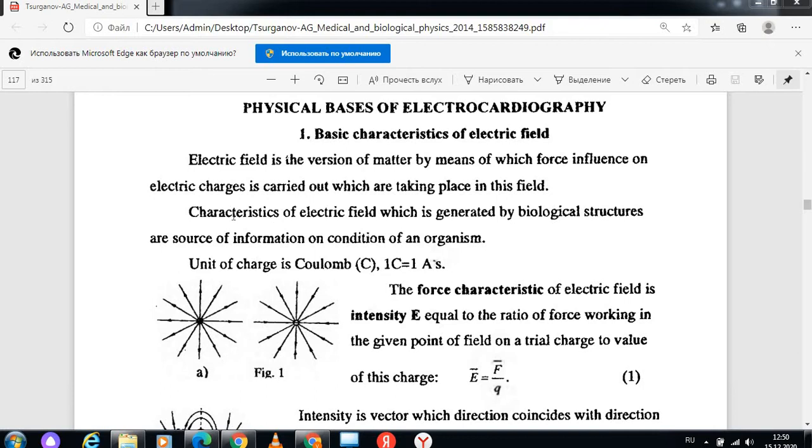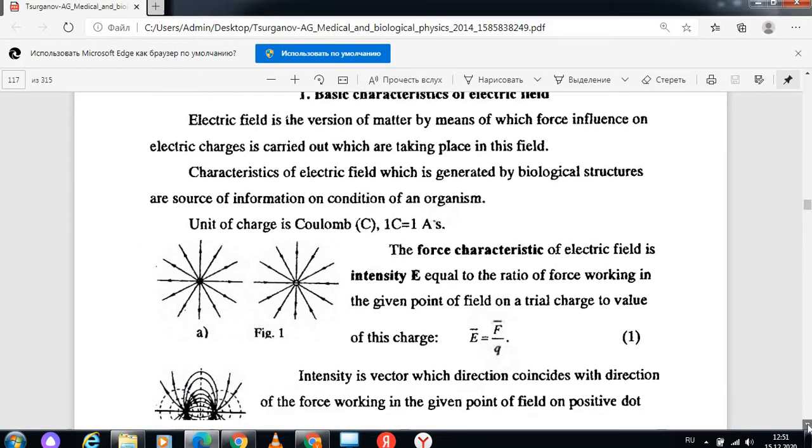The characteristics of electric field, which is generated by biological structures, are the source of information on condition of an organism. Yes, we are talking again about the unit of the charge. It's a coulomb.